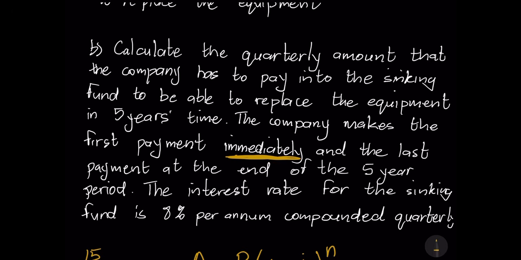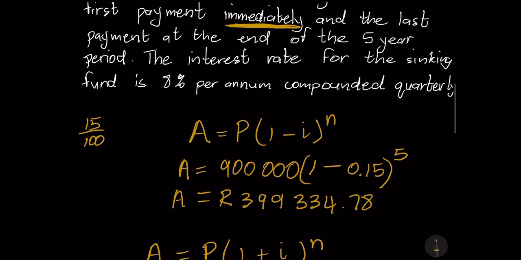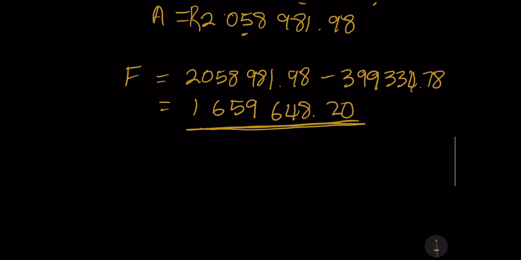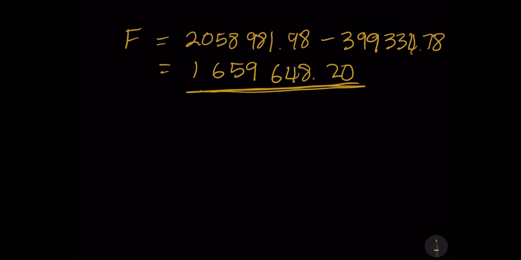All right, for those of you who've watched the previous videos, you'll know that when they use that word immediately, it means something different in terms of our timeline. So in this case, we know this is from 0.